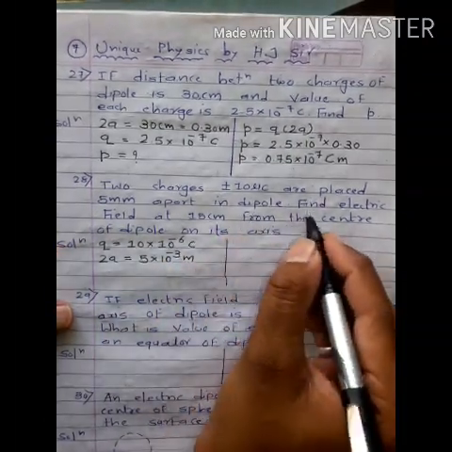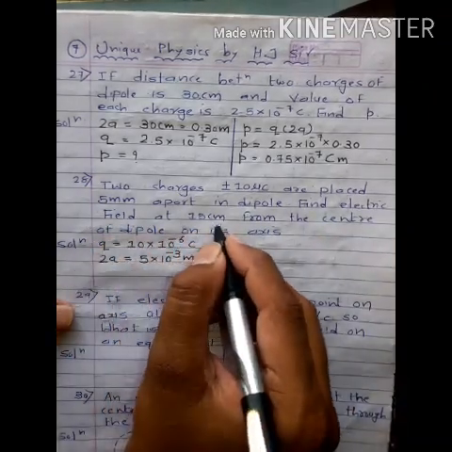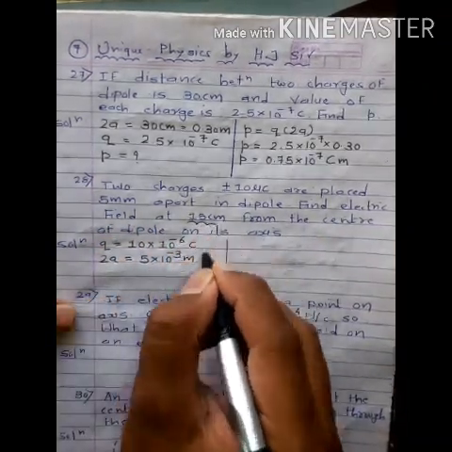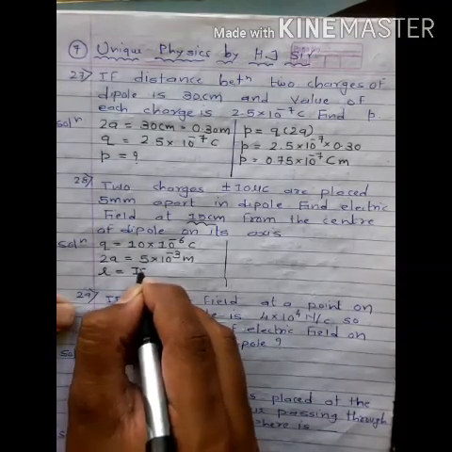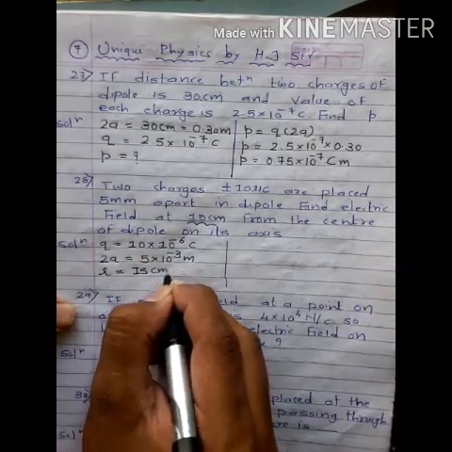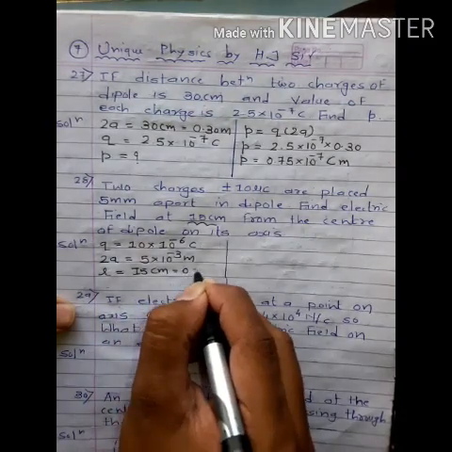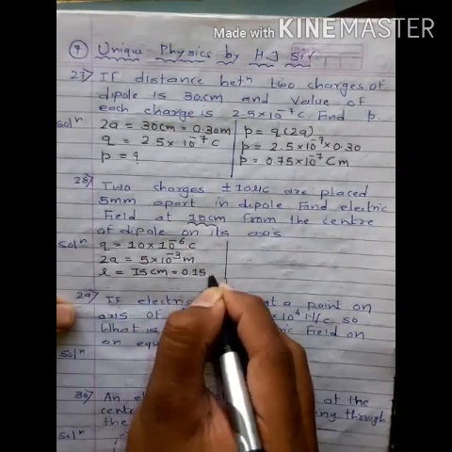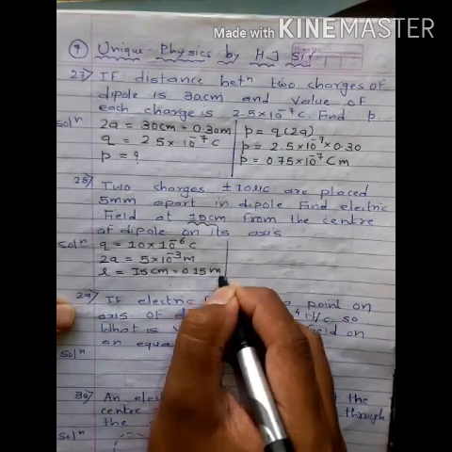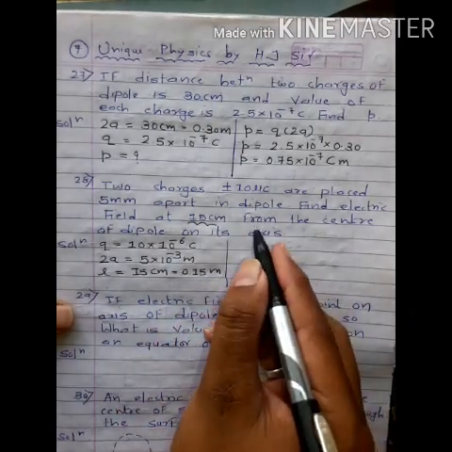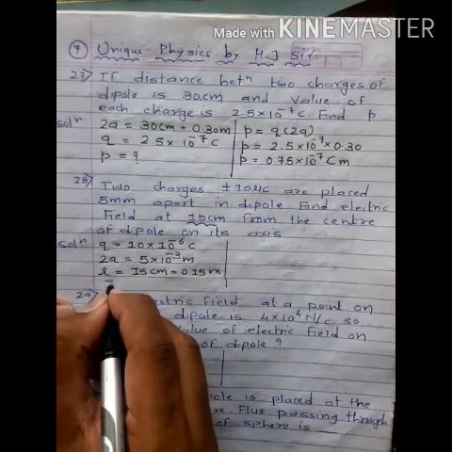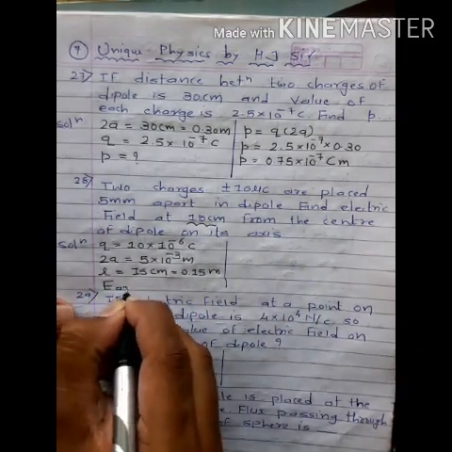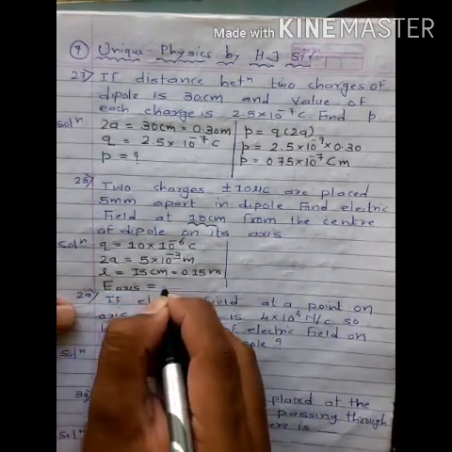In a dipole, find the electric field at 15 centimeter. So the distance is given, 15 centimeter; in meter we can write it as 0.15 meter, from the center of the dipole on its axis.